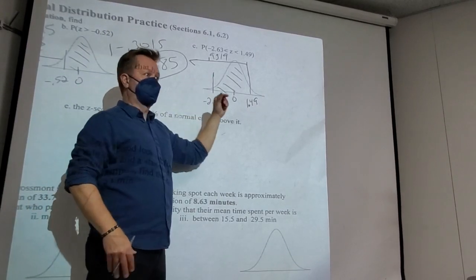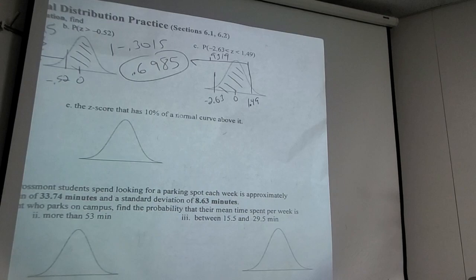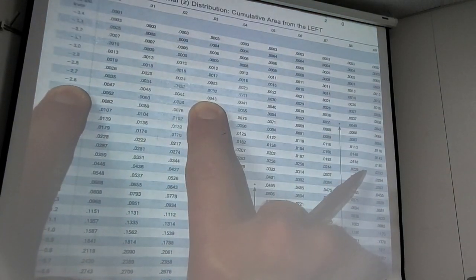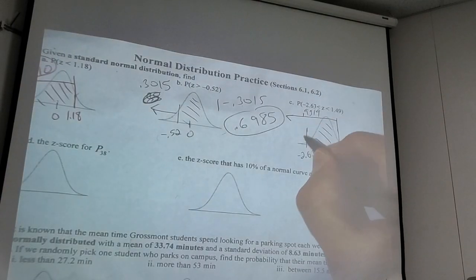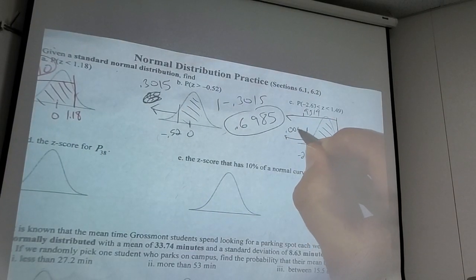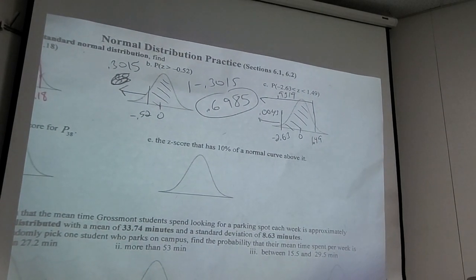I did look up that. What do you get for negative 2.63? 0.0043. Sounds about right. So that's here. You guys get the physical nature of that.